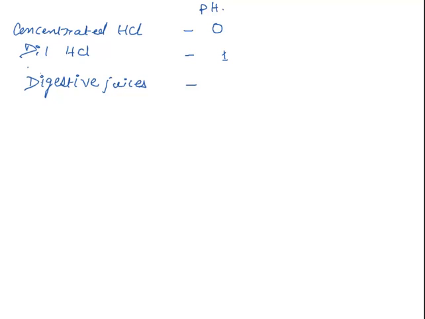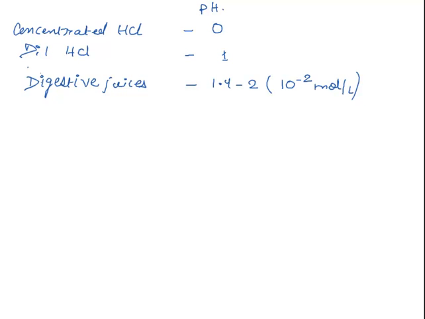It is required for maintaining the acidic pH of the stomach, so that there is optimum activity of the pepsin enzyme which is present in the stomach. The pH of the stomach is around 1.4 to 2. So the hydrogen ion concentration would be around 10 to the power minus 2 moles per liter.